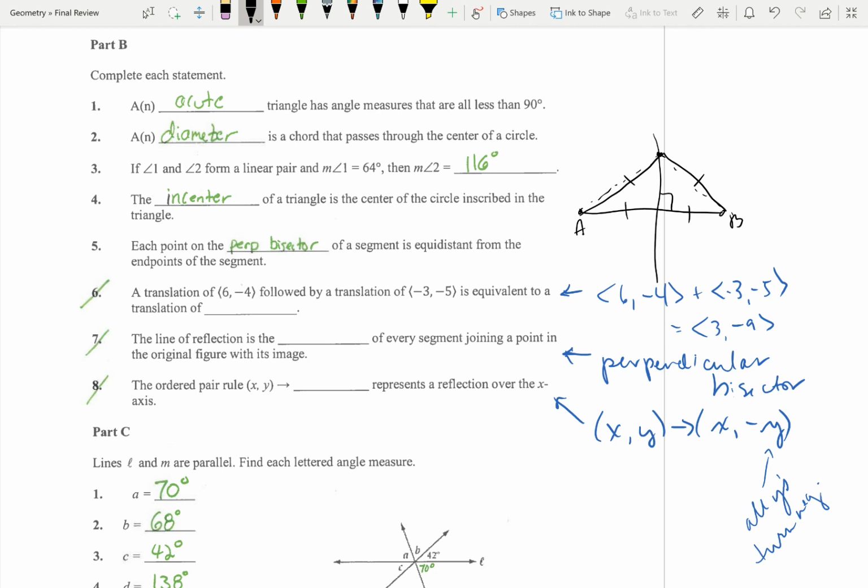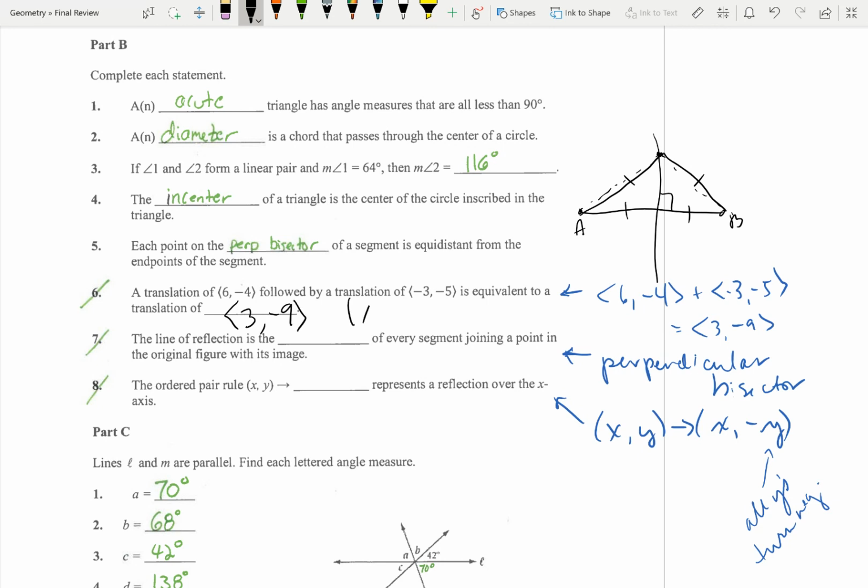So a translation <6, -4> followed by a translation <-3, -5> is equivalent to what? Well, basically you're going to add the x's together. 6 minus 3 is 3. And then add the y's together. So minus 4 and minus 5 is minus 9.